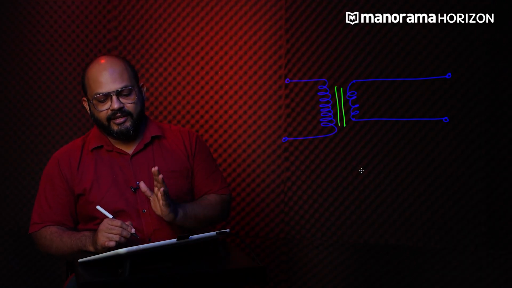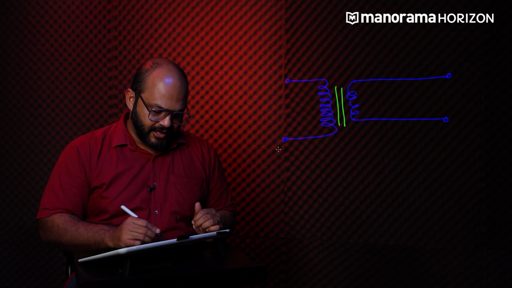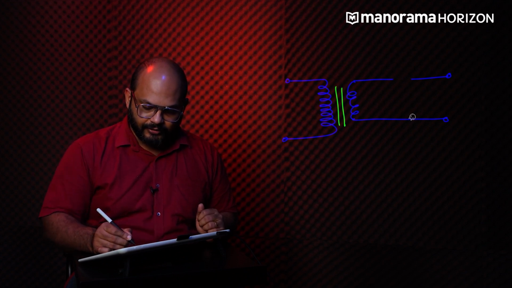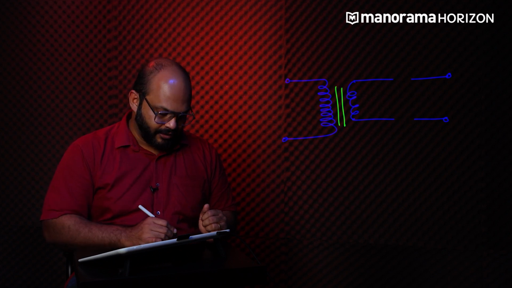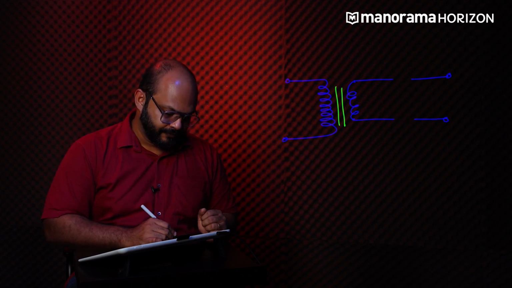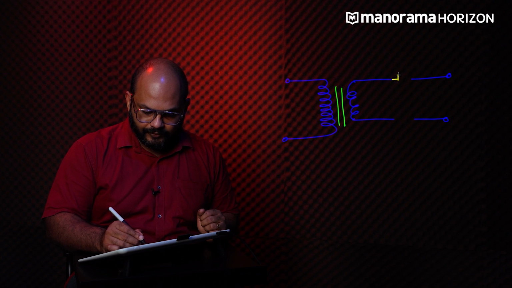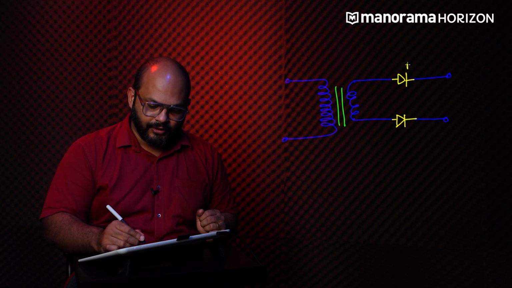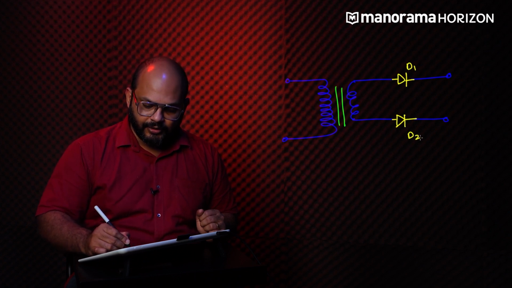We have the high voltage side and the low voltage side. Now the change that we are going to make here is, instead of using just a single diode for our task, we are going to use two of them. So I have a diode here, and I also have a diode here. So this is diode D1 and this is diode D2.